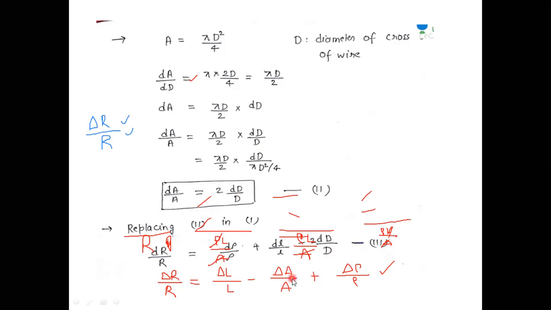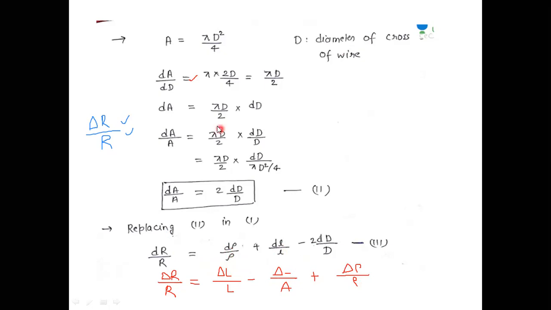Since diameter is decreasing, I have to put a negative here. Okay, so I will clear this so that you will be able to see it clearly. See here, dR or delta R, both the same, by R equals dl by l, dou rho by rho.